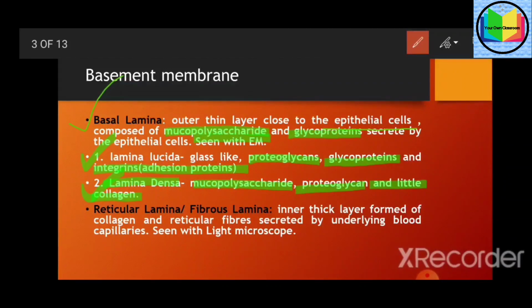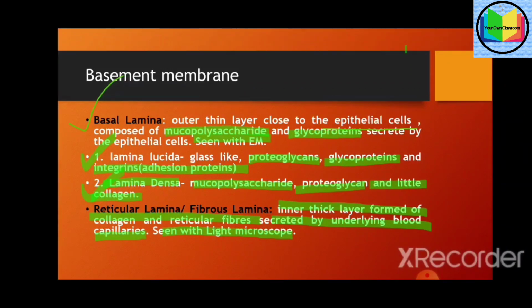Reticular or fibrous lamina is the thick part that is formed by the secretions of underlying blood capillaries, and it contains collagen and reticular fibers, and it is seen with the light microscope. Since it is a thick layer, it can even be seen with a light microscope.